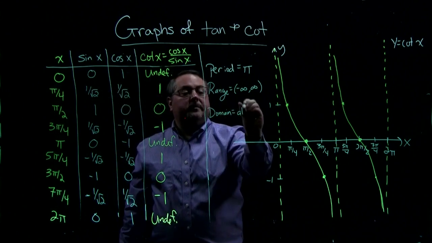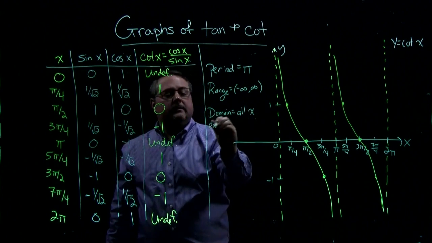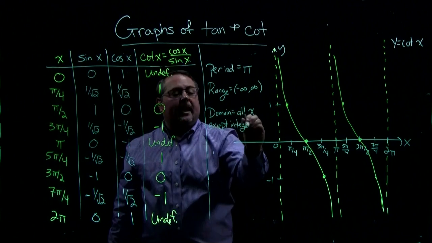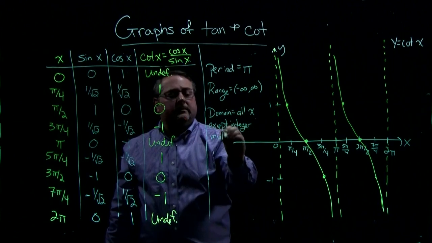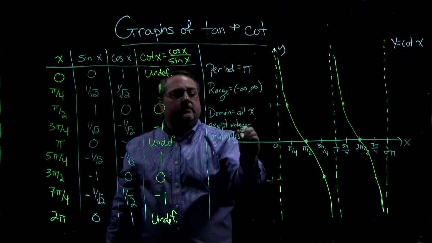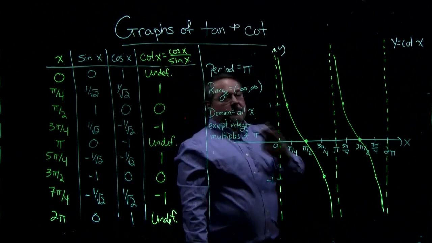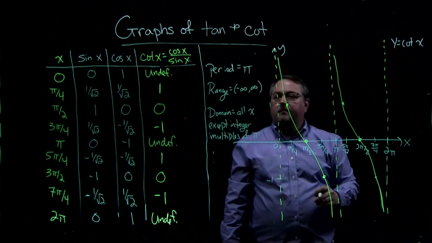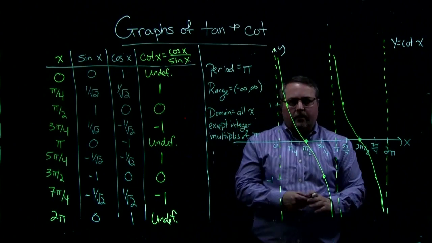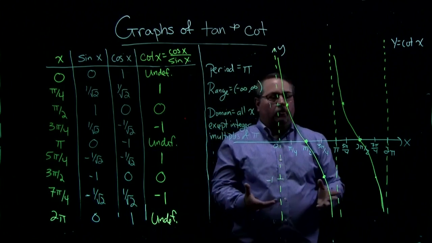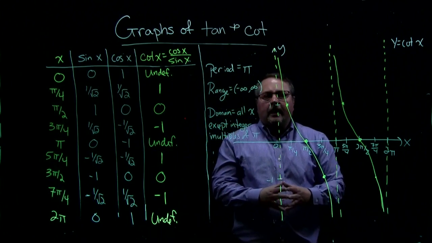So the domain is going to be all x except for those integer multiples of pi. So 0 plus and minus pi, plus and minus 2 pi, and so on. This would be the graph of the cotangent function.